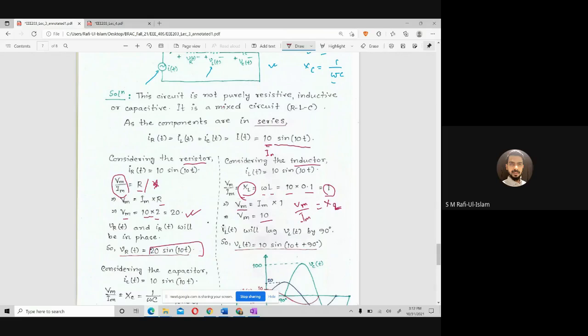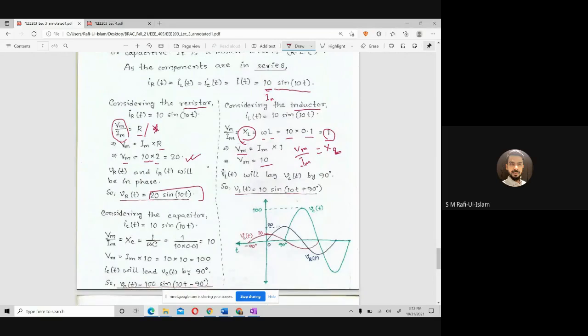Now I need to consider the phase difference. Can you tell me, if you recall what we discussed earlier, in an inductive circuit how does the current behave? Does it lead or lag the voltage source? VL is leading by 90 degrees. Yes.